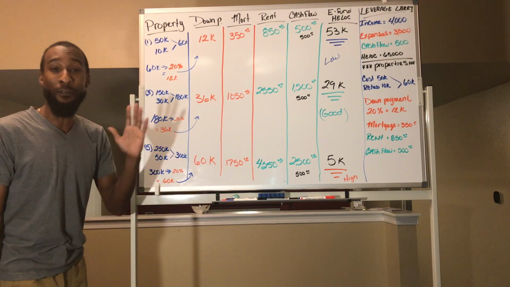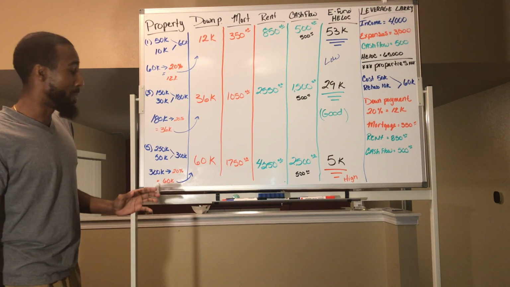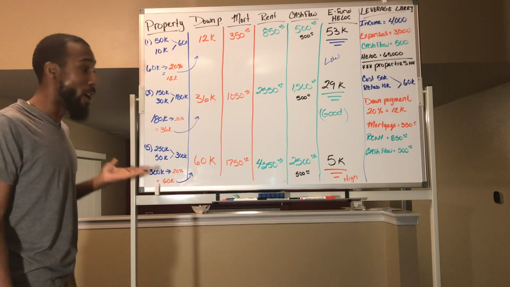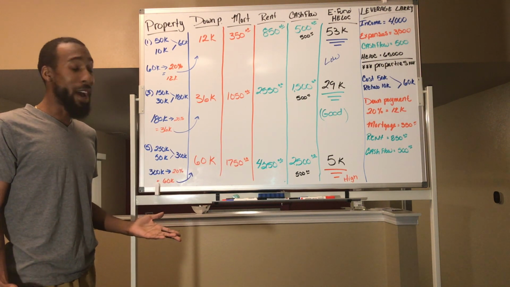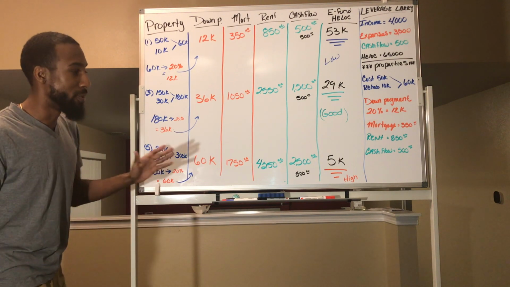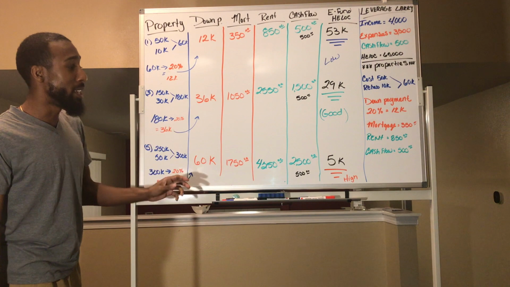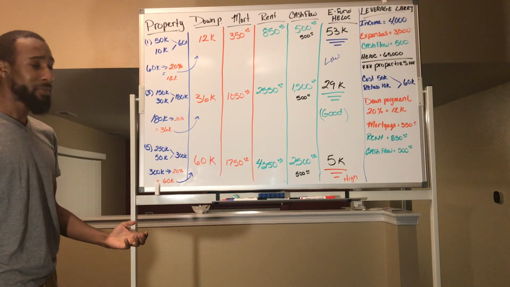Now this is a very high leverage. I would not advise this because if something drastically goes wrong with all 5 houses and you only got $5,000 to play with, you're gonna be drowning. You're gonna be up a creek. So this type of leverage is a high-end leverage. But do you see how the cash flow is way higher?